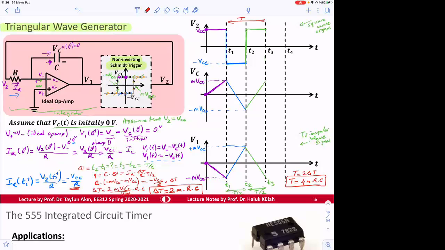So F is equal to 1 over 4 mRC. This is how we can obtain interesting, repeating signals, which are useful for the digital domain.